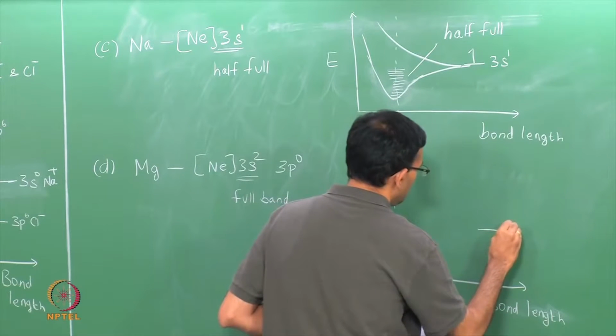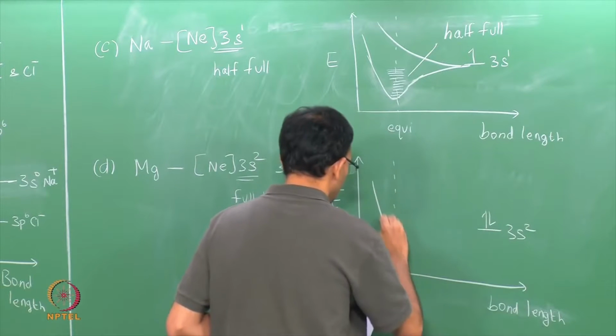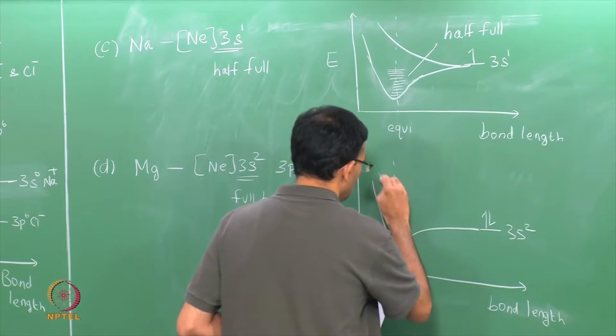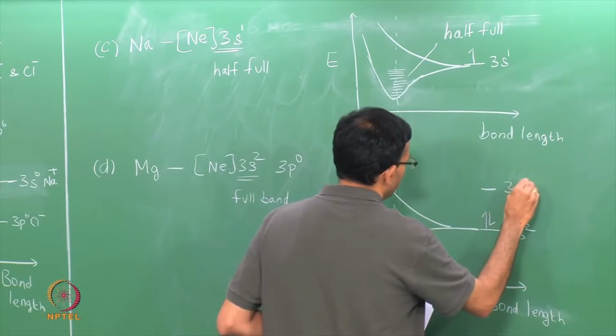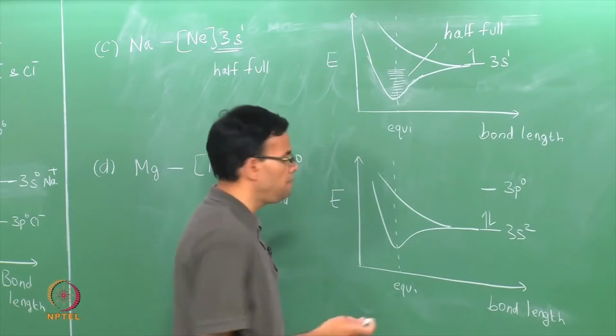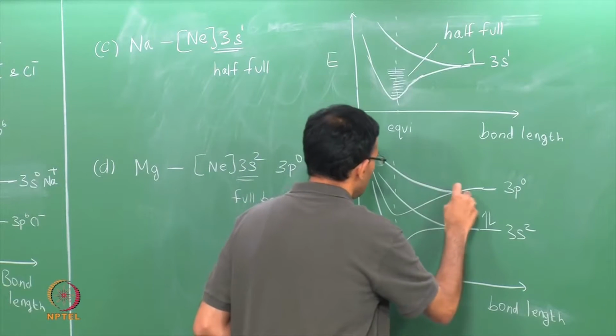So, this is the 3s level. So, that is full. Now, you have a 3p0 that is empty, and this overlaps with the 3s.